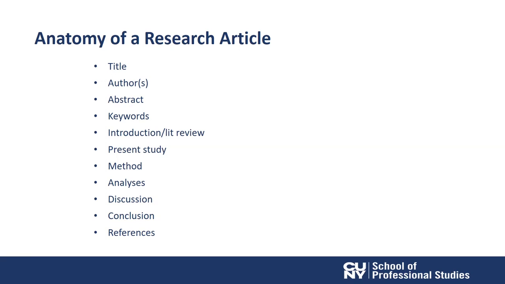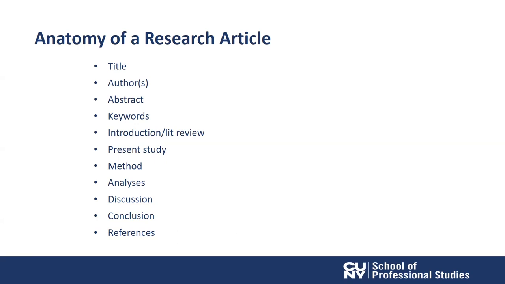The goal of the introduction and literature review, it's sometimes called the background and justification, is really to provide you a history of contemporary research on the topic and to give you an understanding of why this topic is worth studying and why the topic is relevant. Worth studying and relevant are not necessarily the same thing, but they go hand in hand.